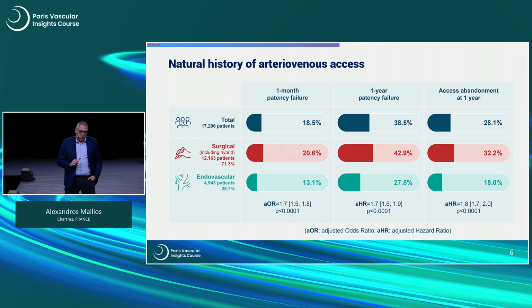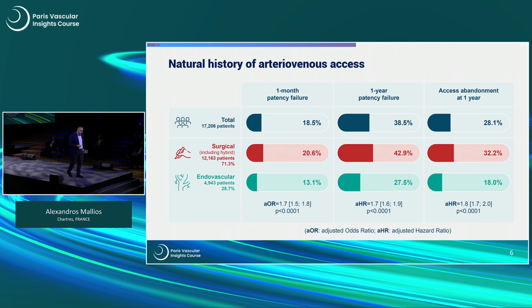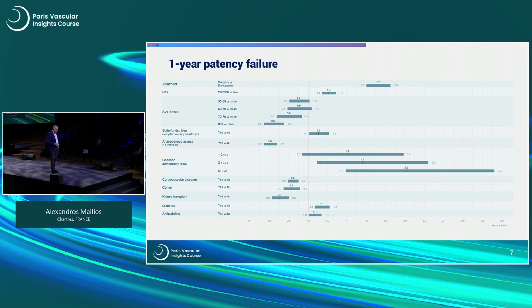And endovascular was purely endovascular, which means IR in France. At 1 year, this percentage was 42% for surgery and 27% for endovascular. And overall abandonment was 32% for surgery and 18% for endovascular. And all these were highly statistically significant.